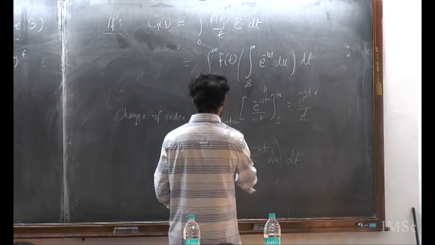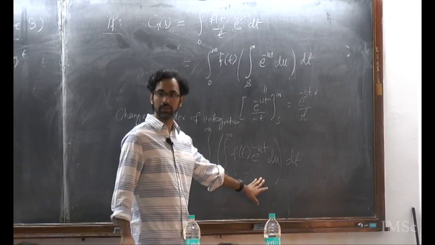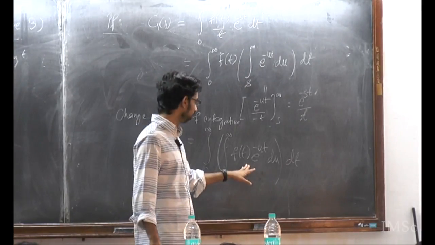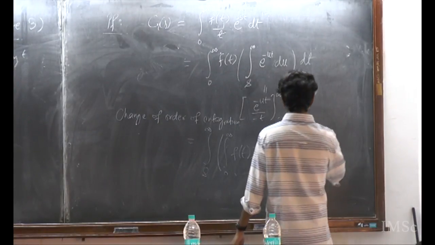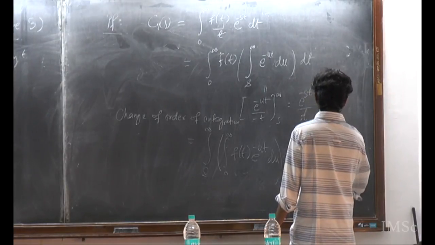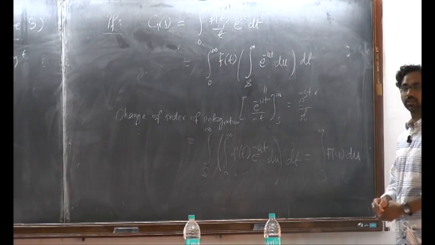So you can put it in brackets. And what is the middle term? It's just the Laplace transform of f at u. So this is the integral from s to infinity of F(u) du. Is this clear?